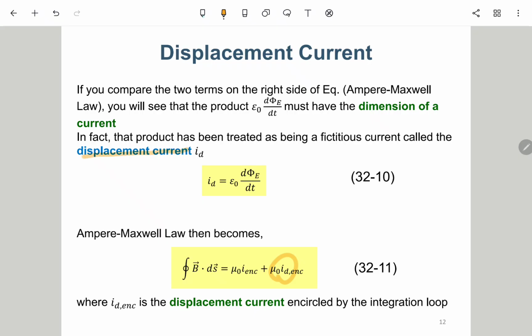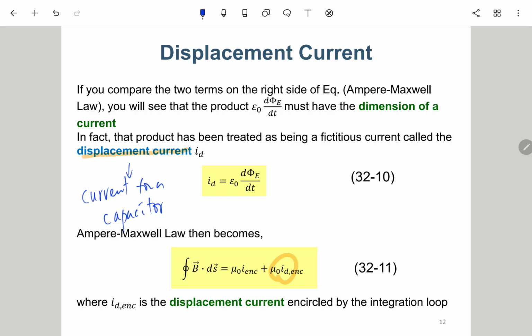Of course, in circuit theory, we would say that this is just a current for a capacitor. But the physicists tried to distinguish it from a normal current, because there won't be any electron going through a capacitor.